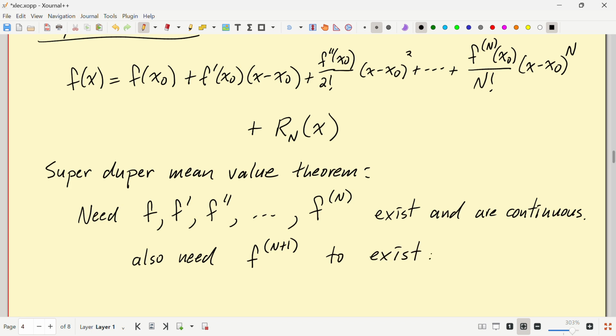That's kind of like the mean value theorem. The derivative has to exist, but it doesn't have to be continuous in the mean value theorem. Well, this was going to be the next derivative has to exist.